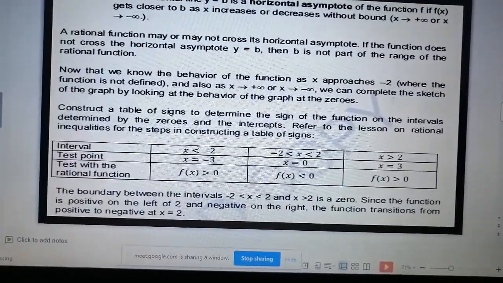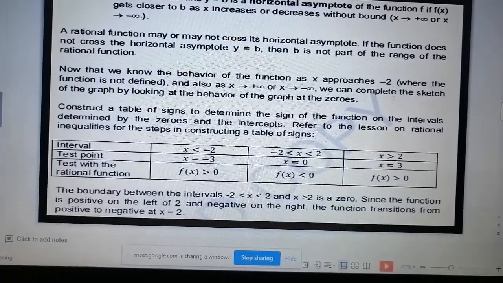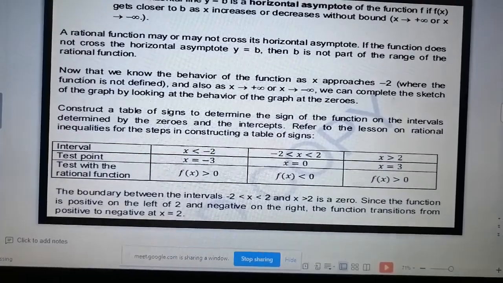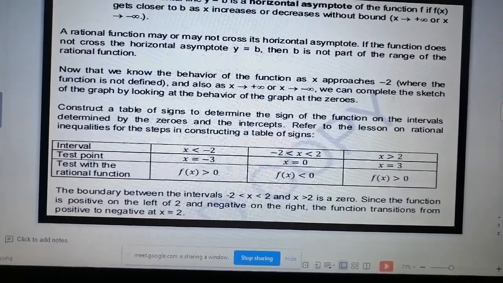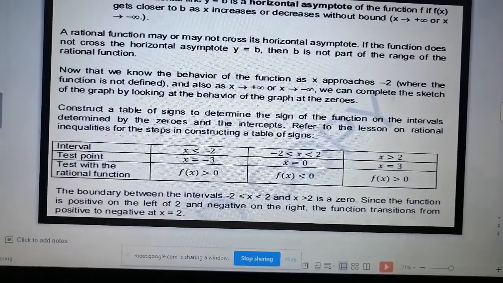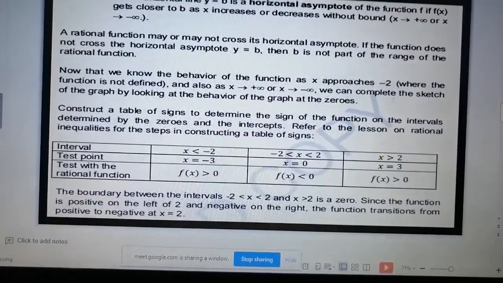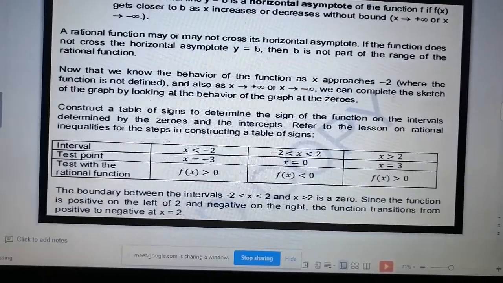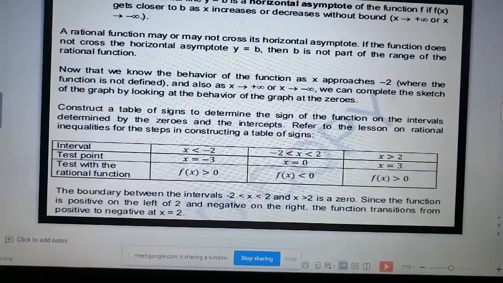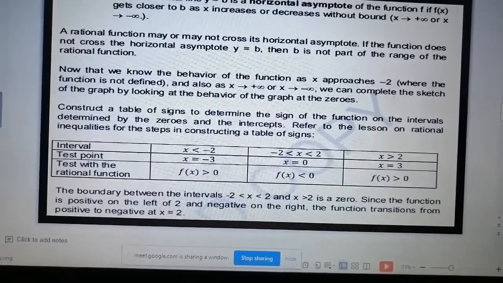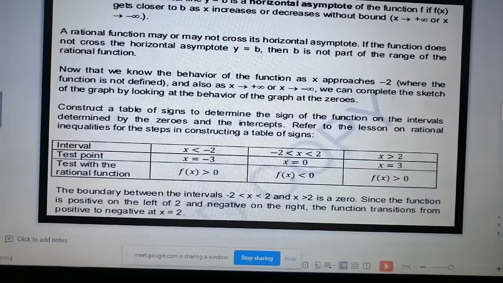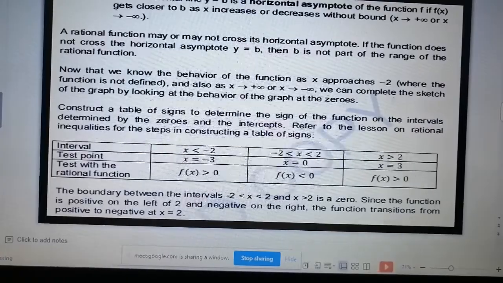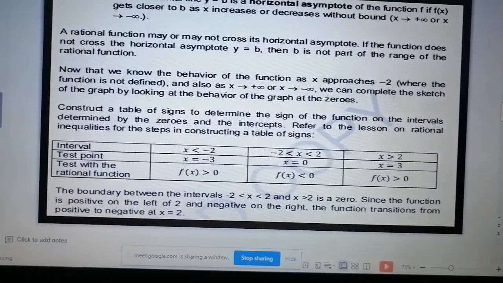Okay, we have observed that as x increases or decreases without bound, function f(x) gets closer and closer to 1. The line y is equal to 1 is indicated in the figure with the dash line. Okay, we have the horizontal line y is equal to b is the horizontal asymptote of the function f if f(x) gets closer to b as x increases or decreases without bound, x positive infinity or x negative infinity. Okay, the rational function may or may not cross the horizontal asymptote.